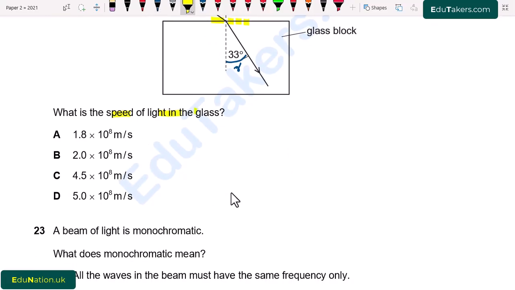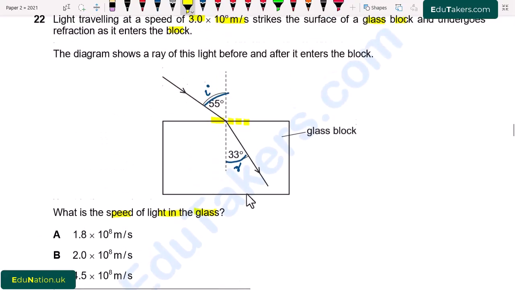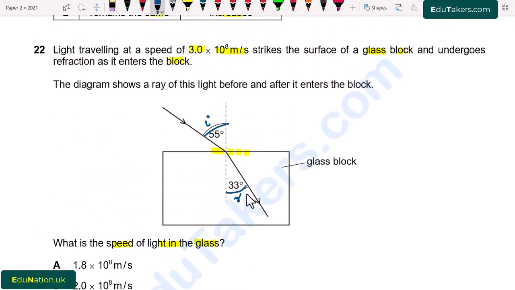So here we have to find the speed of the light in the medium, which is glass. We know that the refractive index n is equal to c over v. We can find v by dividing c by n, where c is the speed of light in vacuum or in air, which is given as 3 times 10 to the power 8 meters per second, and n is the refractive index.